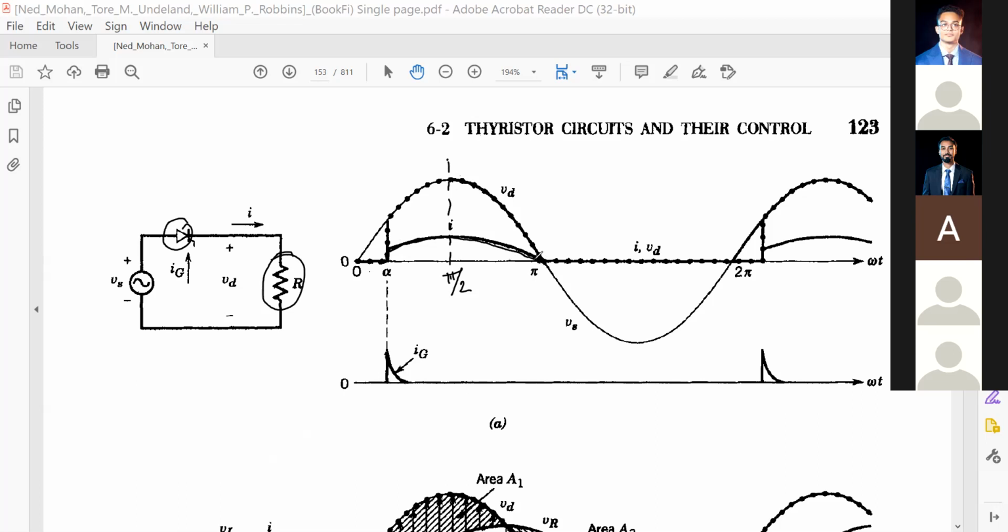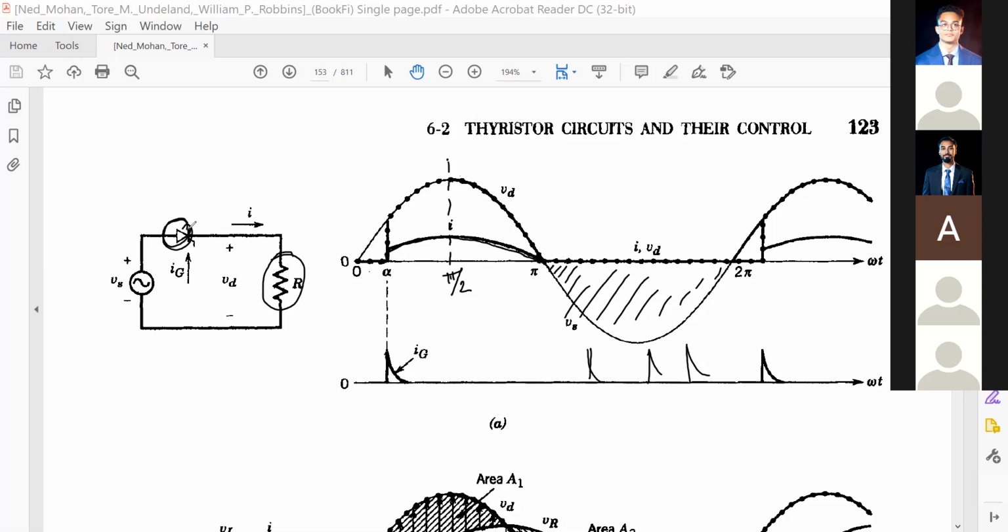Now, after omega t equal to pi, the voltage is negative, right? So what will be the biasing condition of your thyristor with this negative voltage? Reverse biased. And even if you apply any gate pulse here, nothing will work.